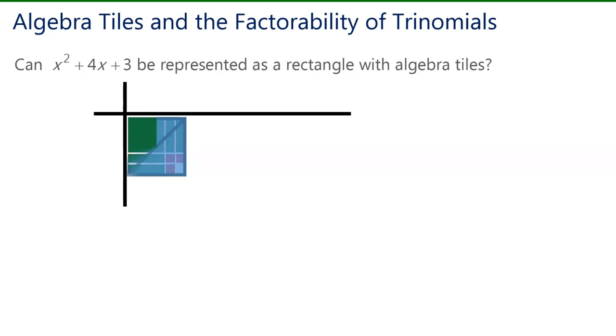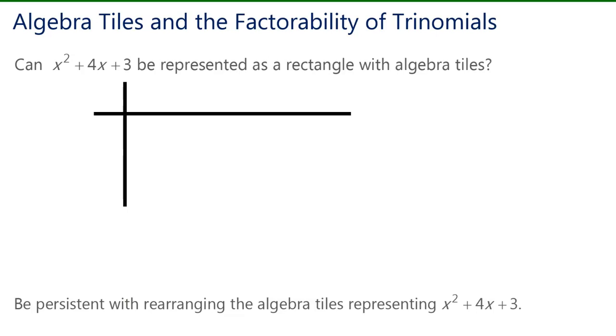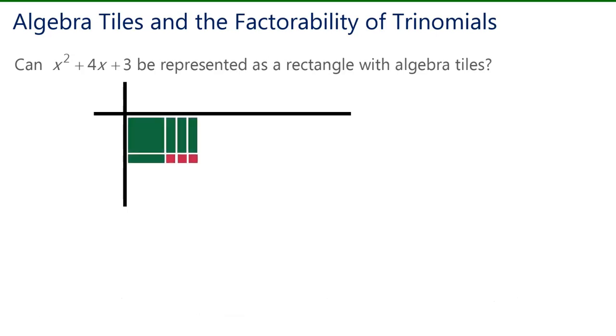These do not make a rectangle. Be persistent with rearranging the algebra tiles representing the trinomial x squared plus 4x plus 3. Eventually, you will get this rectangular form, and it's arranged inside the working area of the t-square.